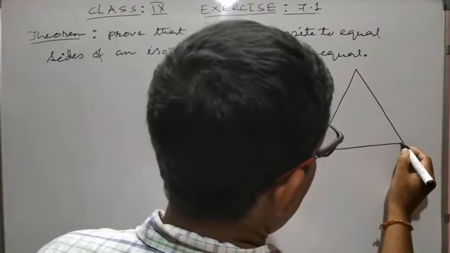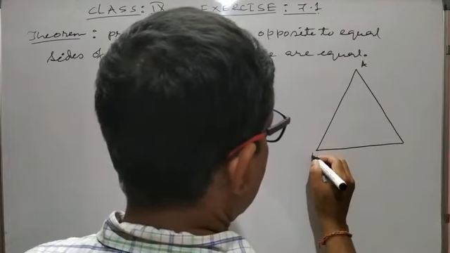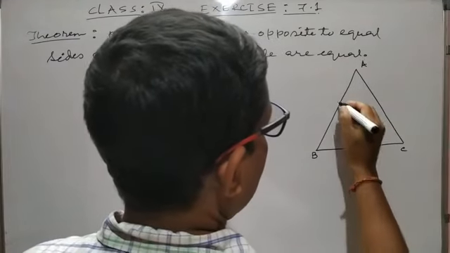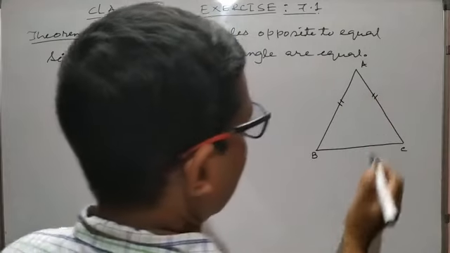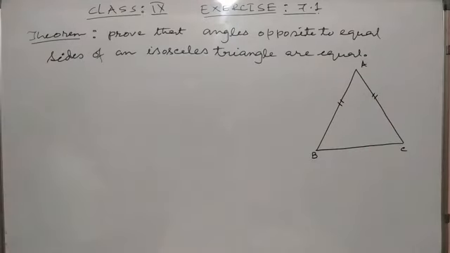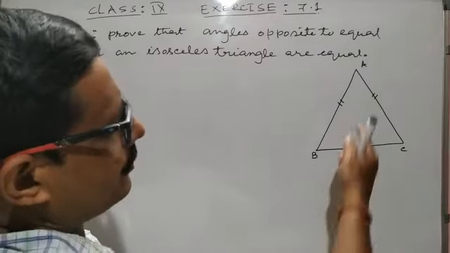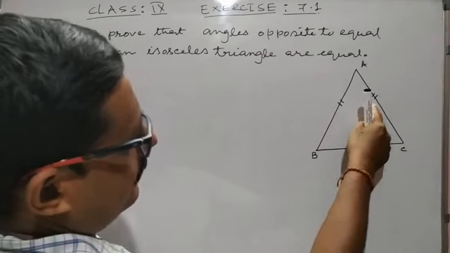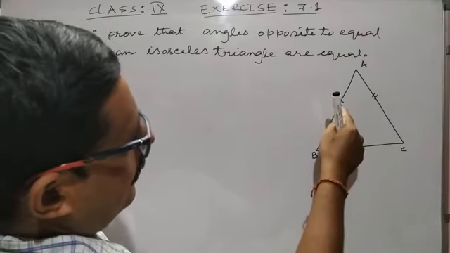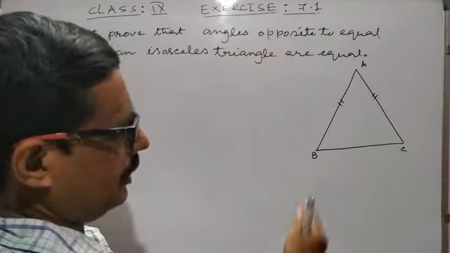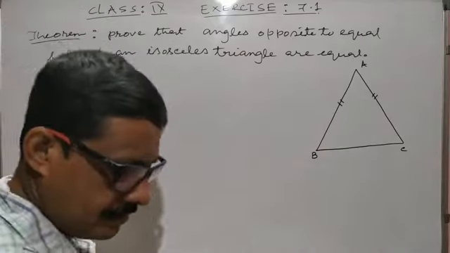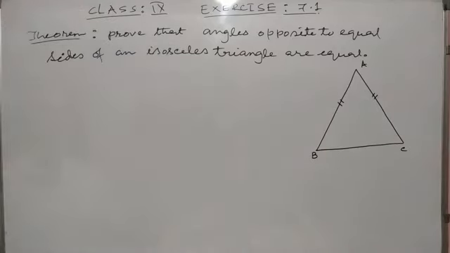ABC is an isosceles triangle with AB equal to AC. So we have to prove that angles opposite to these equal sides are equal. This side, its opposite angle is B, and this side, its opposite angle is C. So we have to prove that angle B and angle C are equal.